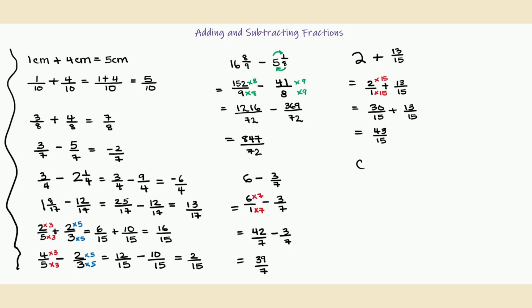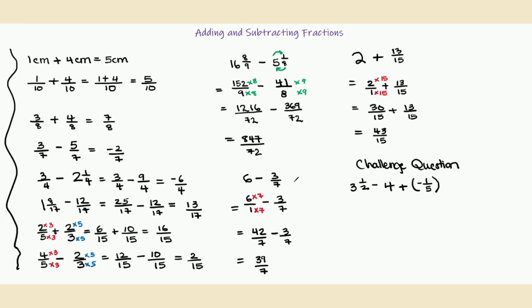Now for the challenge question. Three and a half minus 4 plus negative 1 over 5.